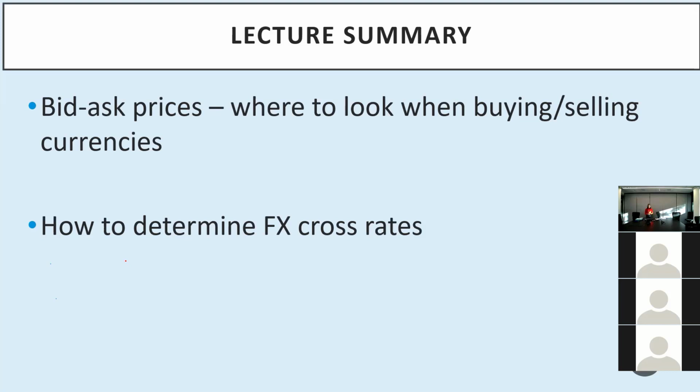So as I mentioned before, it's a bit confusing at the start to work through these concepts, especially when you have the cross rates and you have the bid ask spreads at the same time. So it takes a lot of practice for you to be able to familiarize yourself with these concepts, yeah? But it's very important that we familiarize ourselves with these concepts before we talk about triangular arbitrage.